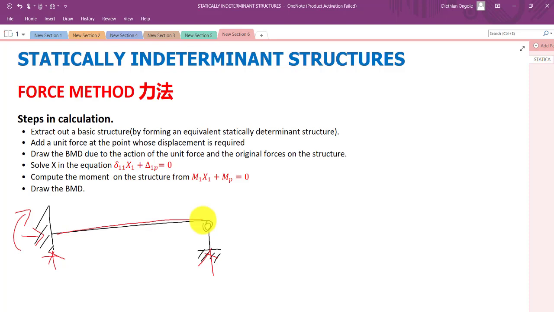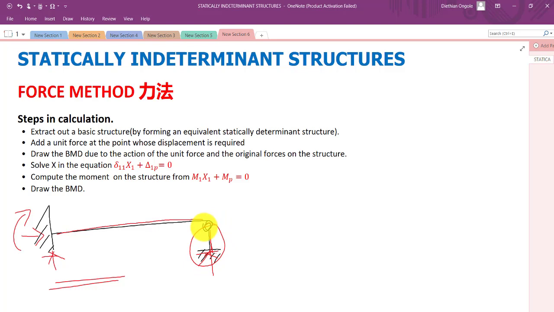So we know that a rigid body like this one requires only 3 supports to be statically determinate. In this condition, where it has an extra support at this point, how do we convert it into a structure that is statically determinate but still equivalent to the structure that has been given? We can do that by removing this support and replacing it with a force.